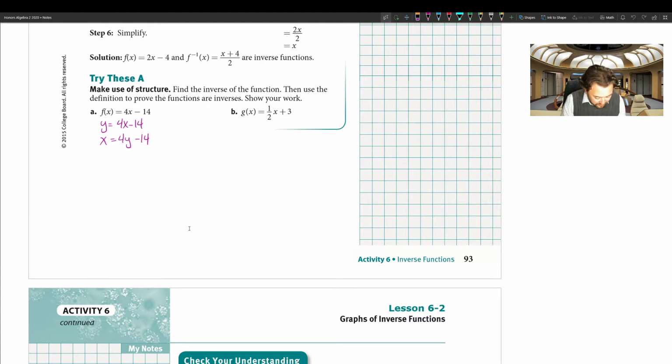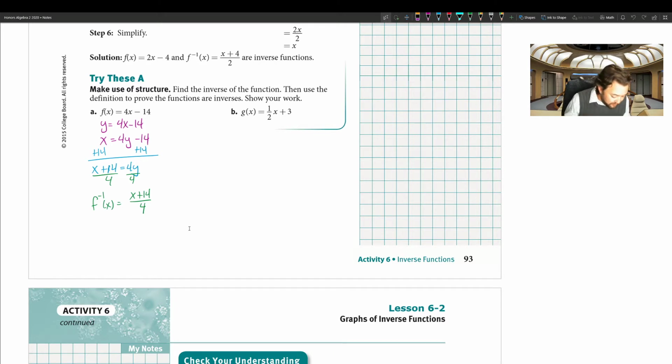I start by adding 14 to both sides, and I get x plus 14 equals 4y. Then I divide everything by 4, and I get that the inverse function is x plus 14 over 4. Is that the right answer? I don't know, and we're going to find out.